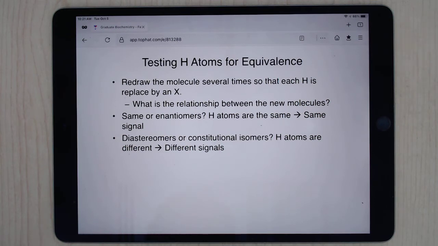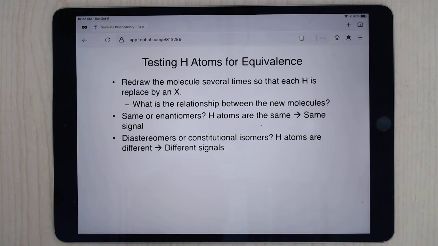Can I turn or rotate the molecule so that it goes back to the other one? If I can, then that means that those two hydrogens are equivalent. If the relationship between the two molecules is that they're enantiomers of each other, then again those hydrogens designated by the X's are going to be chemically equivalent.